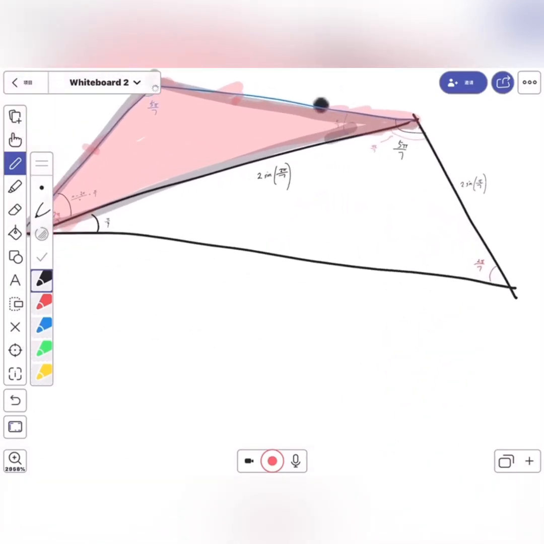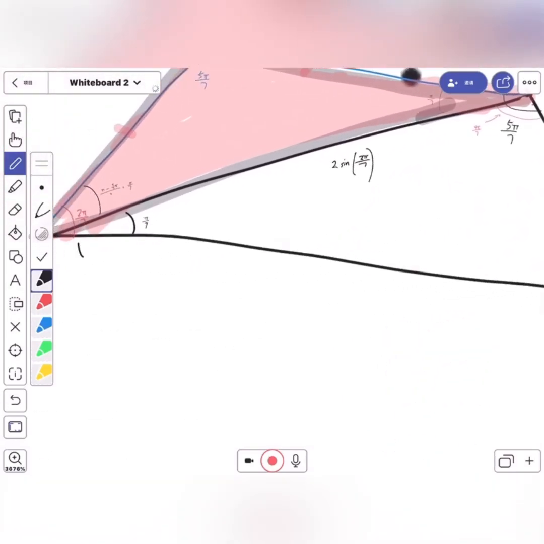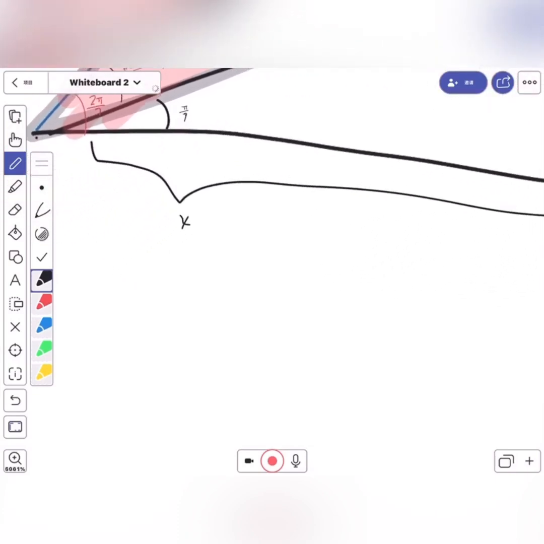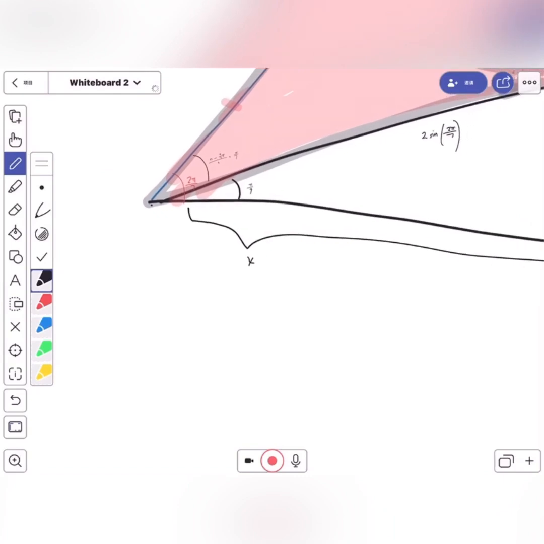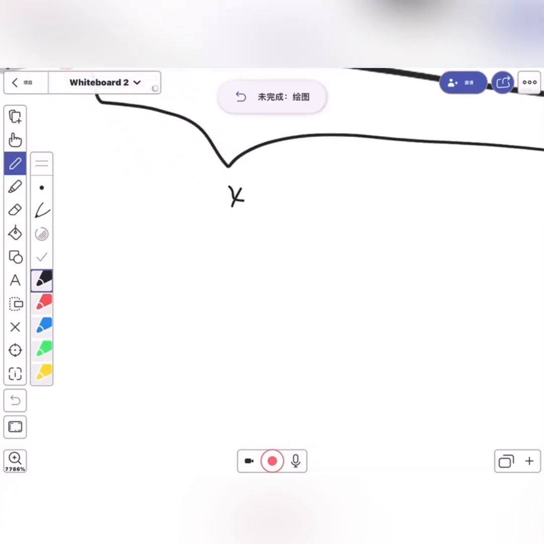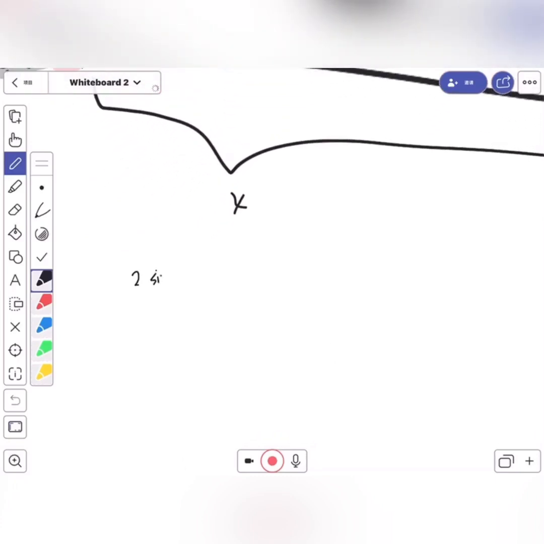Okay, so now this length, I'll just call it x. Then we can just do a law of sines, and use any of these two lengths. That doesn't really matter. So we're just gonna use the one with 2 pi over 7. 2 sine of 2 pi over 7 over sine of 2 pi over 7 is equal to x over sine of 4 pi over 7.